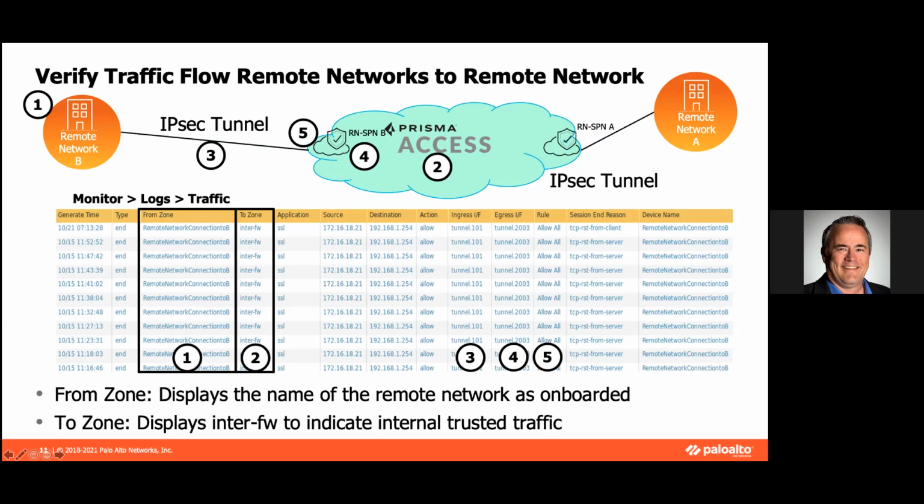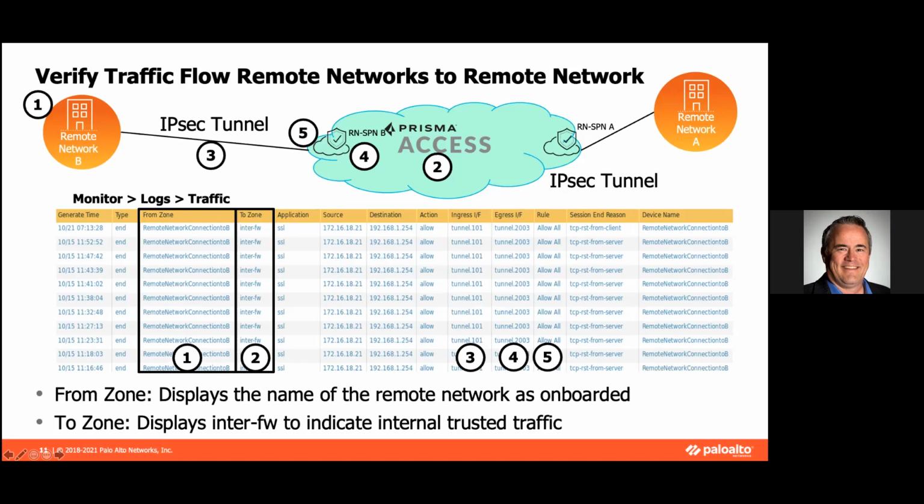But the naming convention is kind of strange, right? So the from zone is going to be whatever you name that remote network instance that you have. You might not want to name it something as long and complicated as we did here, but you certainly want it to be something that is human readable and makes sense to you and contextual.